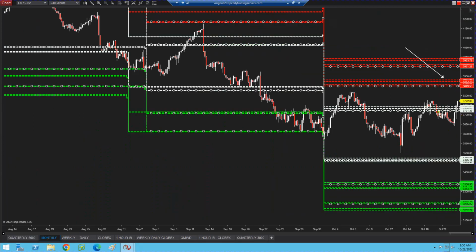Of course, anything below that monthly 1 of 37.21 would be a big bearish signal as they're putting it back inside the monthly distribution. Right now, I'm going with my thesis that if it leaves the 1, it's going to go to the 2, right?